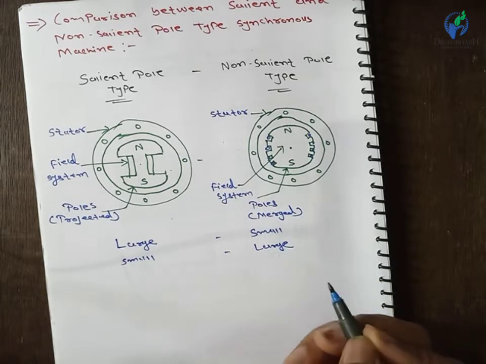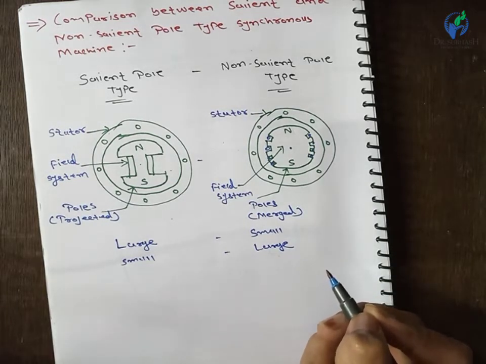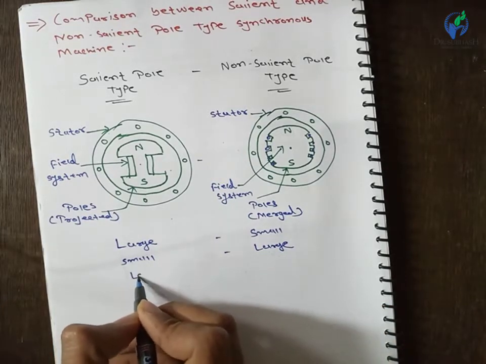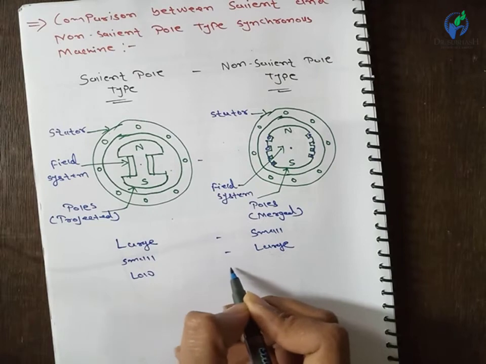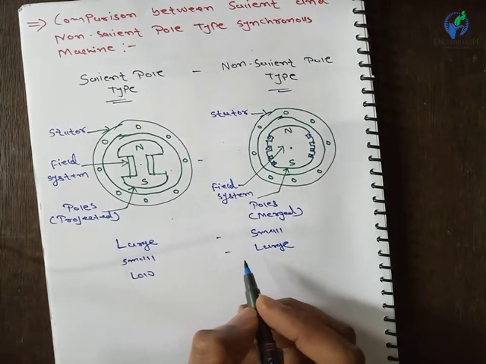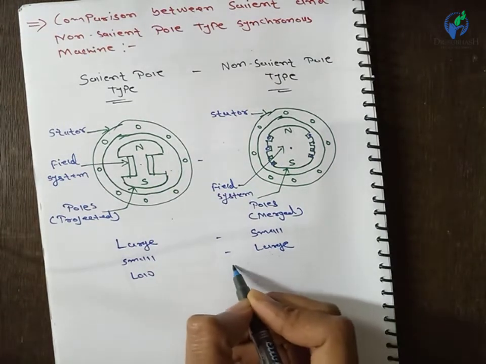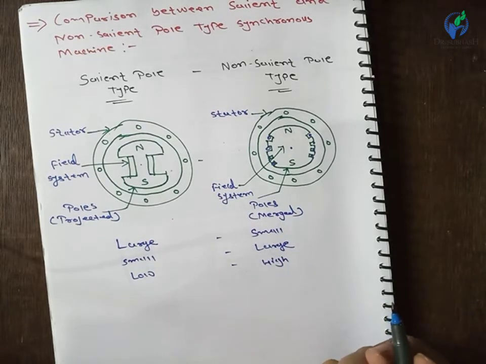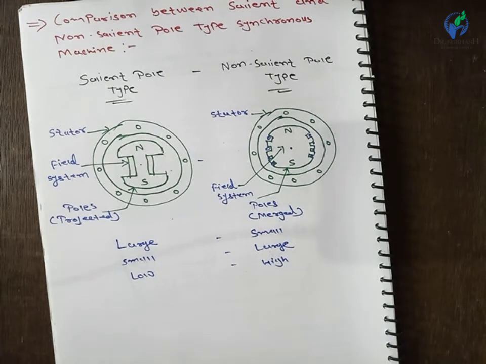When we take a point on a speed basis, in the salient pole type machine the speed is low, while in the non-salient type construction the speed is high. When the prime mover used is for the salient pole type construction, there is a water turbine.